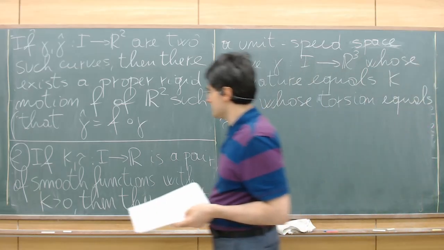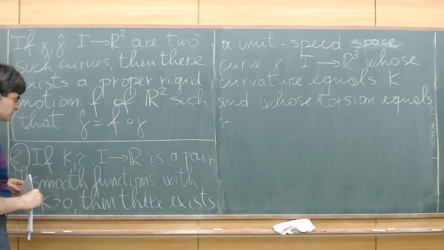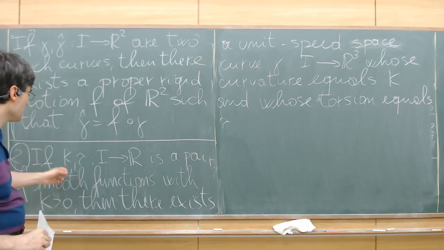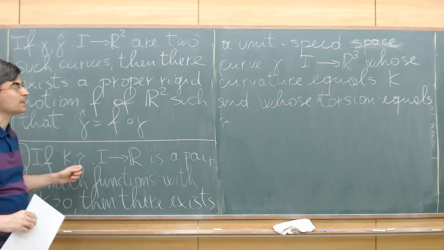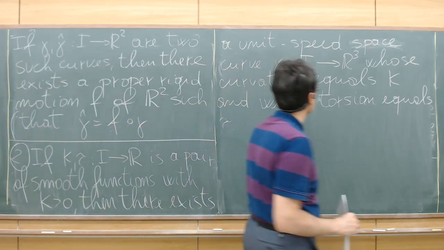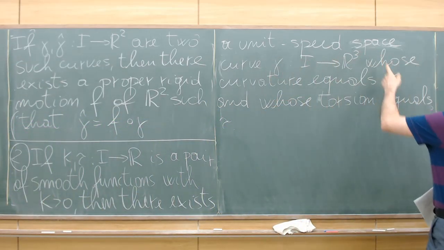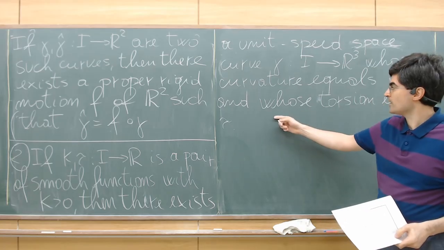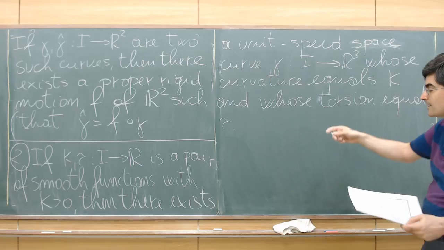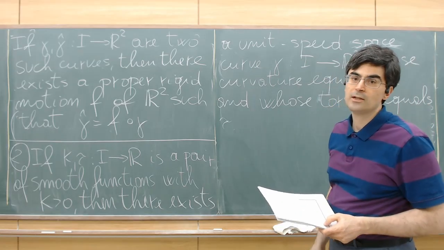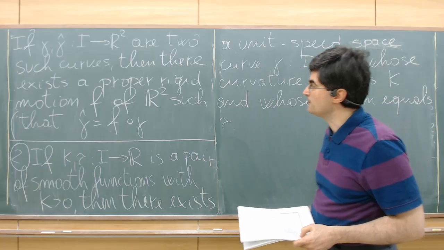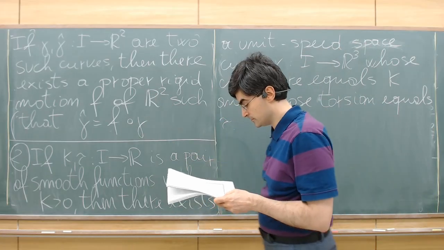So this theorem says that if you have a smooth positive function k and a smooth function tau, then there exists a unit speed space curve whose curvature and torsion functions are exactly k and tau. What about the uniqueness? Exactly as before, the uniqueness is up to a proper rigid motion.